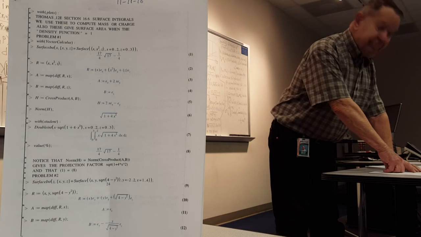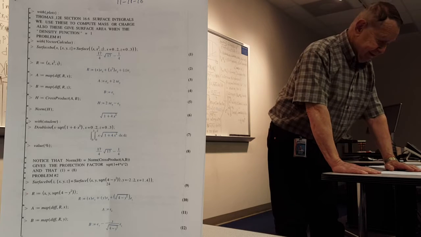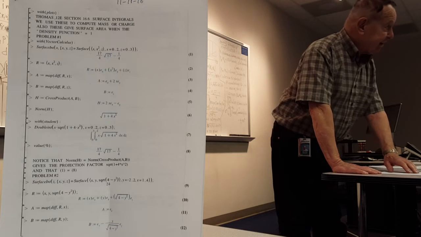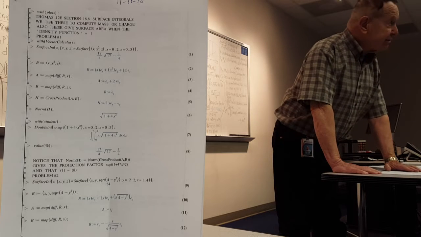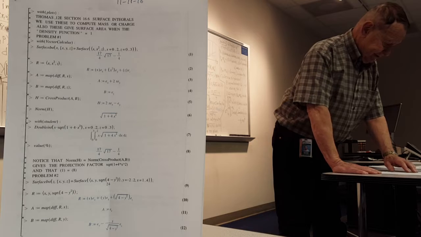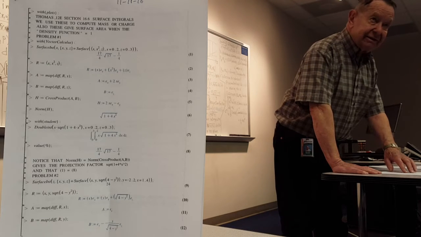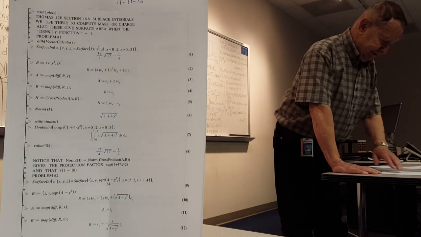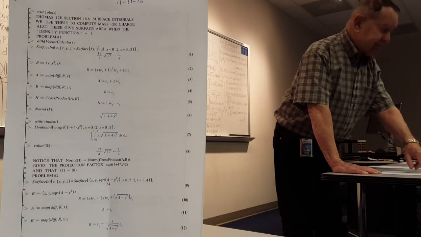And then the norm is the magnitude of the vector. And you see that's the same as what I have on the board. And then you can do double integral, and there's my x square root. Line 7 there is the same as what's on the board. And then the value is the same as line 1.